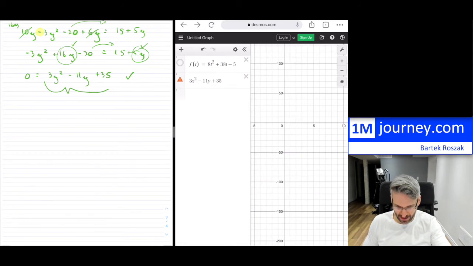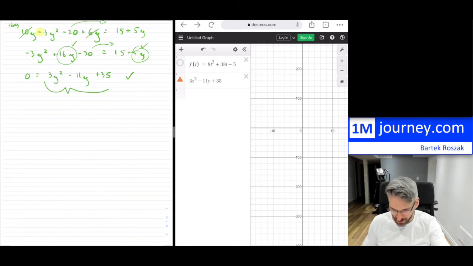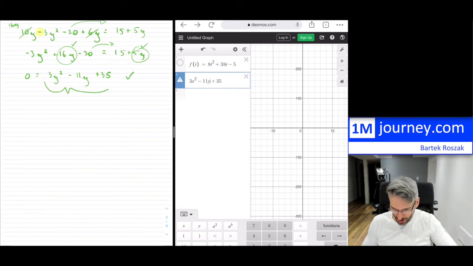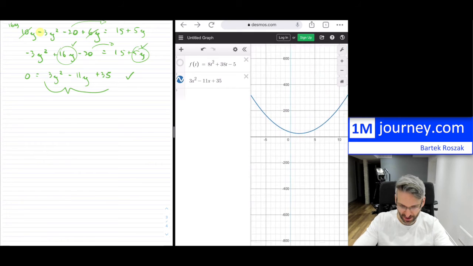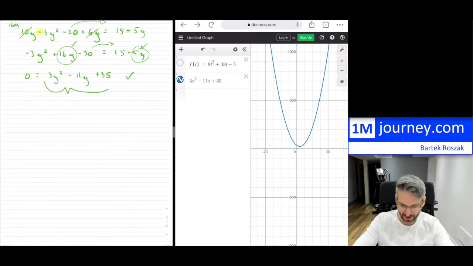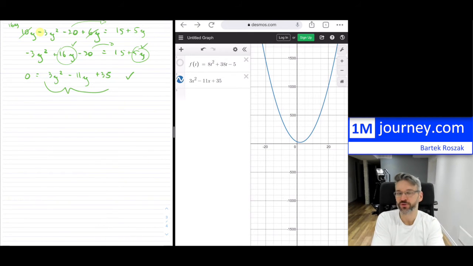All right, so let's see. Sorry, I put y here, should be x. Okay, so there you have it. This is actually a parabola, and notice that there is no solution to this answer. So even if we tried to use the quadratic formula, we would run into a problem, because under that square root we probably would have a negative.